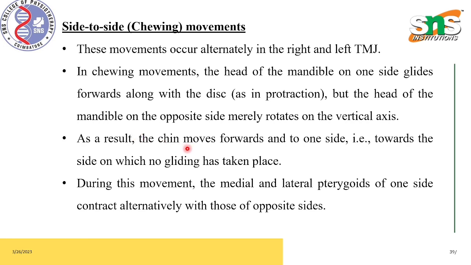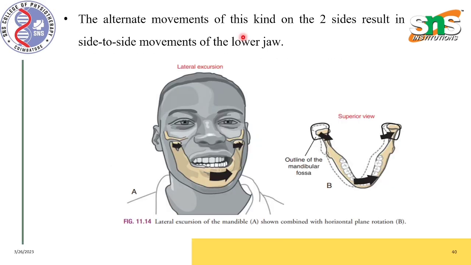As a result, the chin moves forward to one side, that is towards the side on which no gliding has taken place. During this movement, the medial and lateral pterygoids of one side contract alternately with those of the opposite side. The alternate movements of these sides result in side to side movements of the lower jaw.